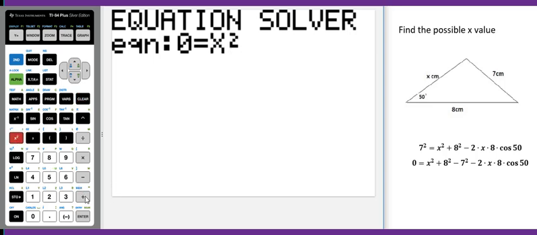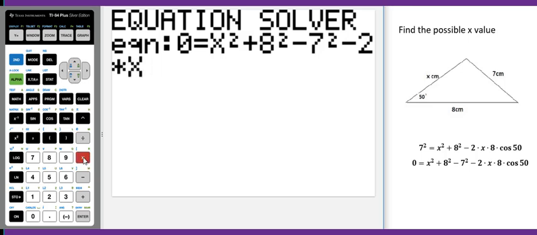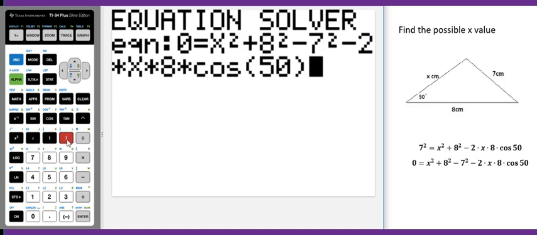So we got x squared plus 8 squared minus 7 squared minus 2 times x times 8 times cosine 50 degrees. Make sure the mode is changed into degree. Then I press enter.